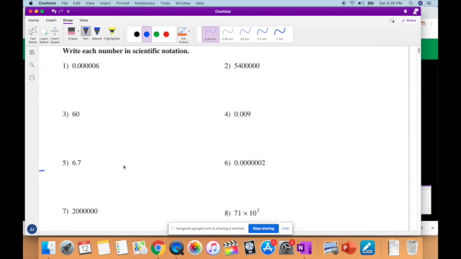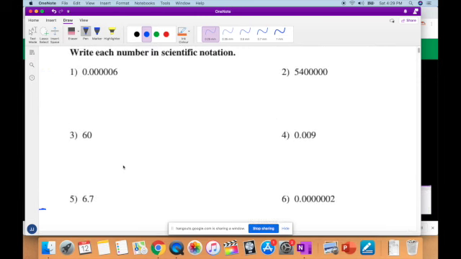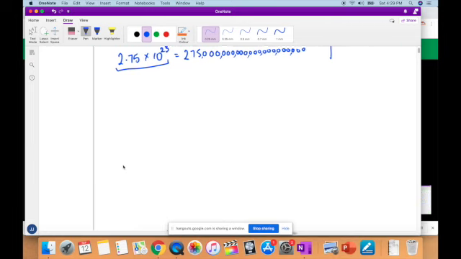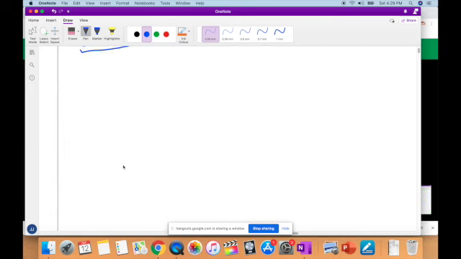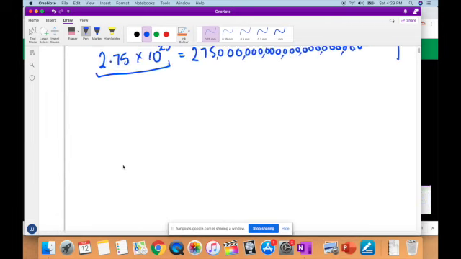Write each one of these in scientific notation. Now, let me just do the rule for scientific notation first.